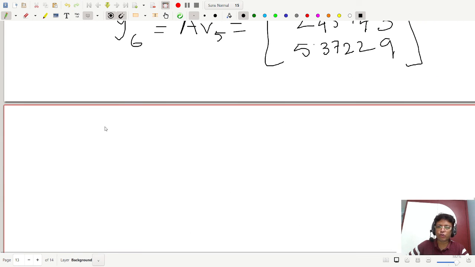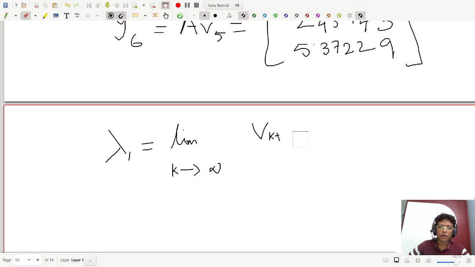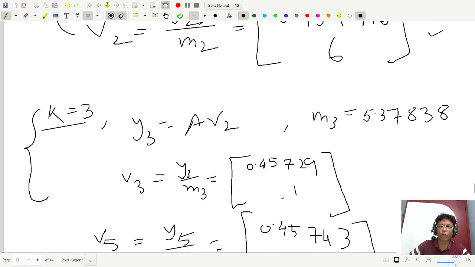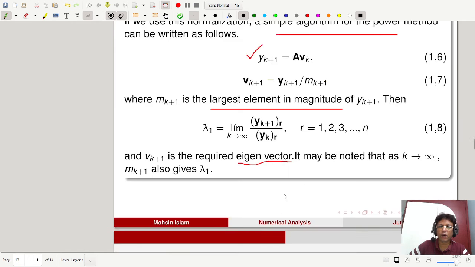Now find the ratios. So ratios will be lambda 1, limit k tends to infinity, v(k plus 1) r by v(k) r. I'm writing the formula first. Look at the formula. Here you have a formula.